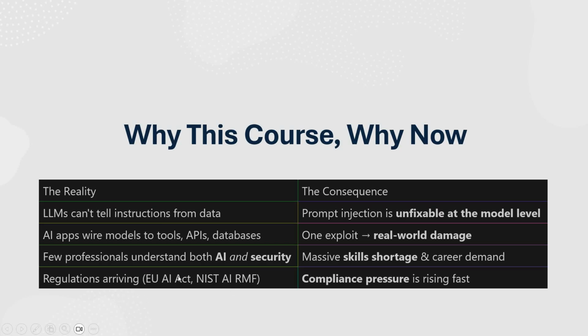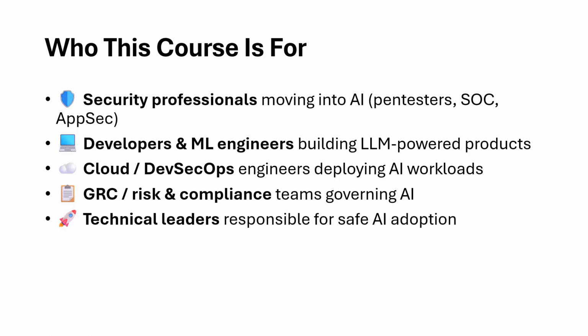And regulations are arriving, like the EU AI Act and NIST AI RMF, emerging almost every quarter or every six months, and they are getting updated as well. The compliance pressure is rising fast. Companies want to be compliant and want professionals for this, focusing on AI GRC as well. So there are many facets of AI security which we are going to cover in this course.